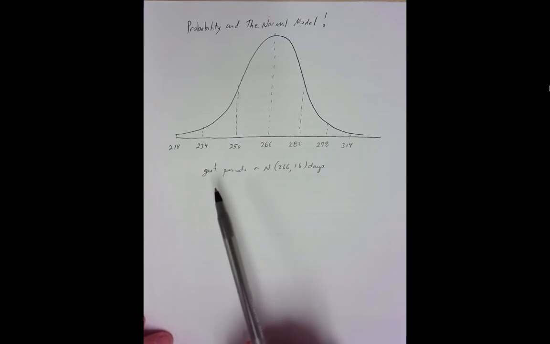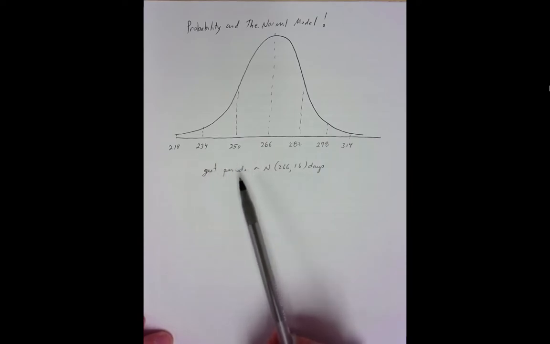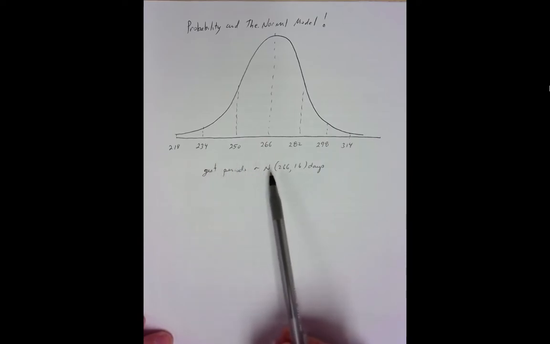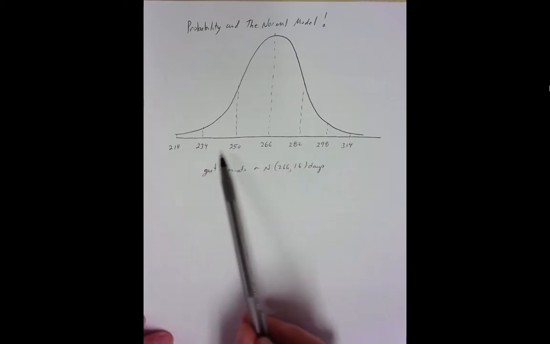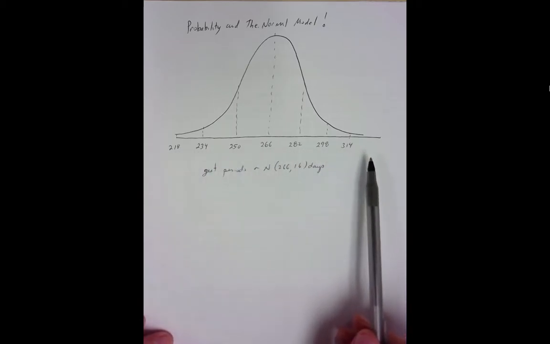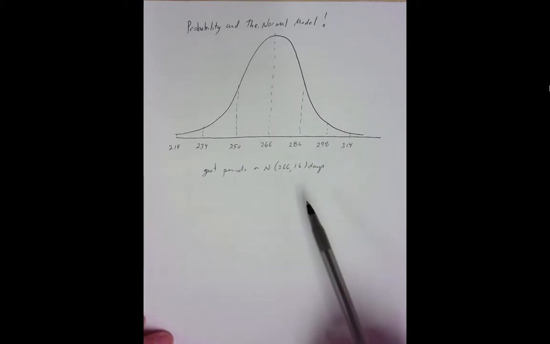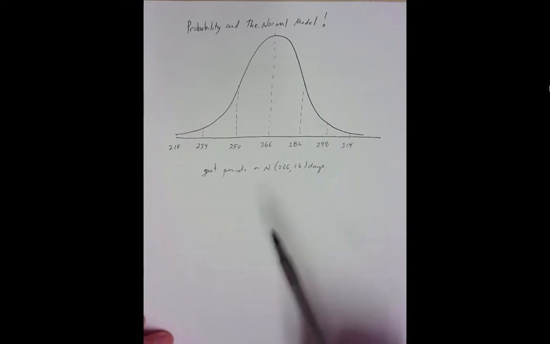So anyway, back to gestation periods. We saw in the previous video that these things are approximately normally distributed, with a mean of 266 days and a standard deviation of 16 days. And I've already gone ahead and drawn the distribution because I know you're probably getting sick and tired of me drawing this for you.